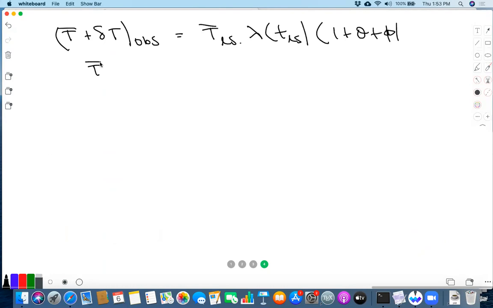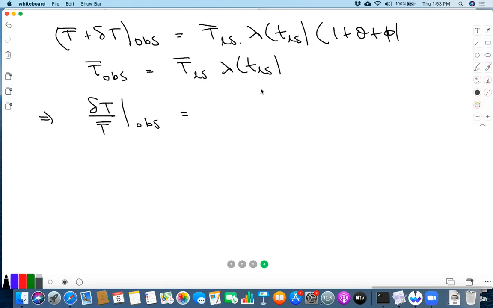But of course, T bar observed is a standard redshift formula, right? T bar LS times lambda of TLS. So this tells us that delta T over T bar observed is equal to, these things cancel, 1 plus theta plus phi.